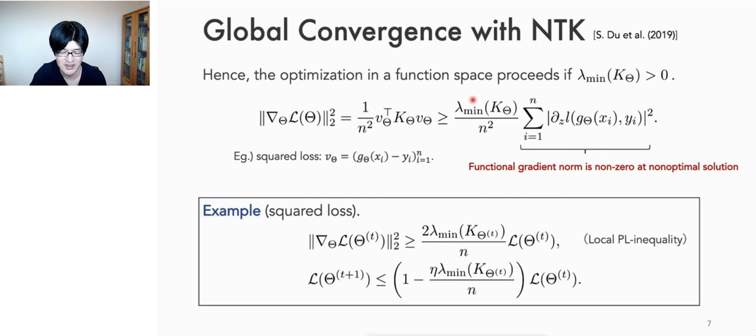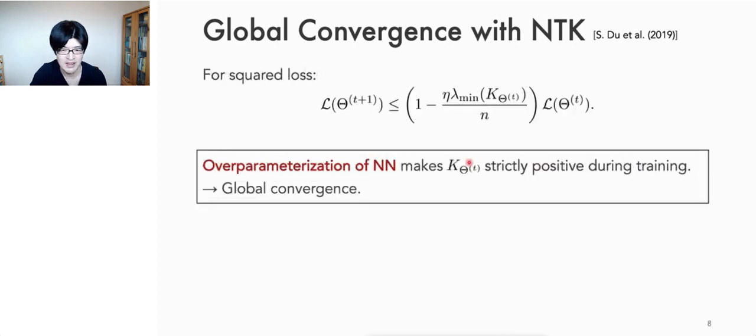Combining this with the previous inequality, we get an exponential decrease of the loss function, like this. This implies that as long as NTK is positive, gradient descent converges to the global minimum at an exponential rate.